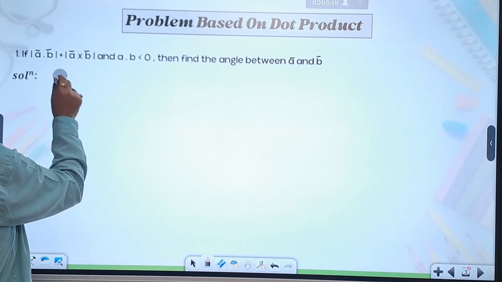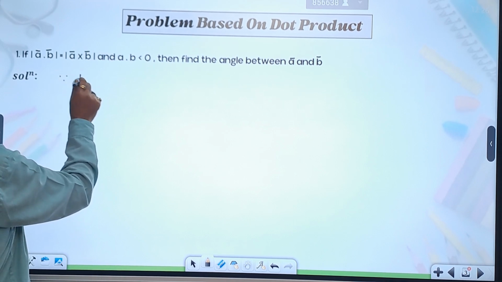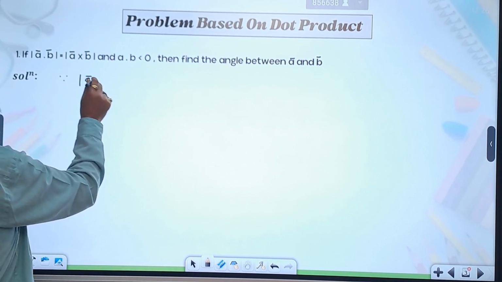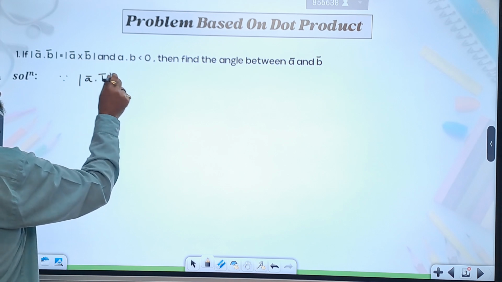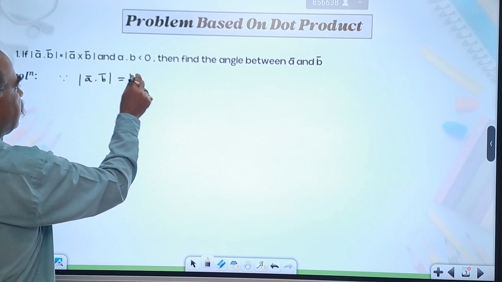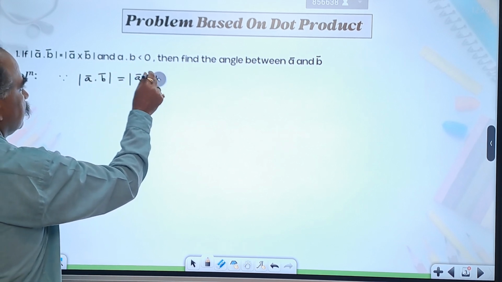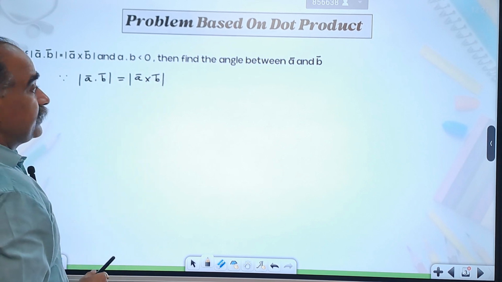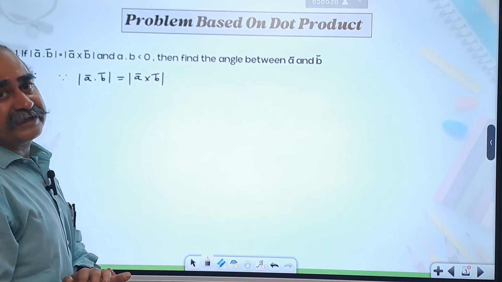Since the positive value of a dot b is equal to magnitude of a cross b, now it is given that a dot b is negative.